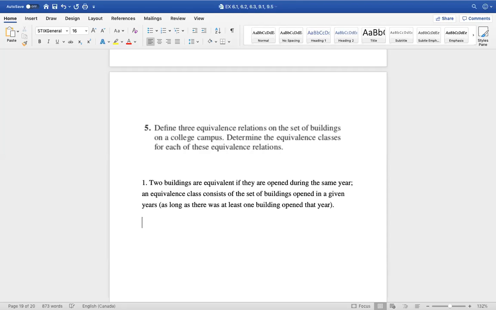Okay, so this is one equivalence relation where, for example, the two buildings open during the same year. There are many different possibilities, and this was one of them.